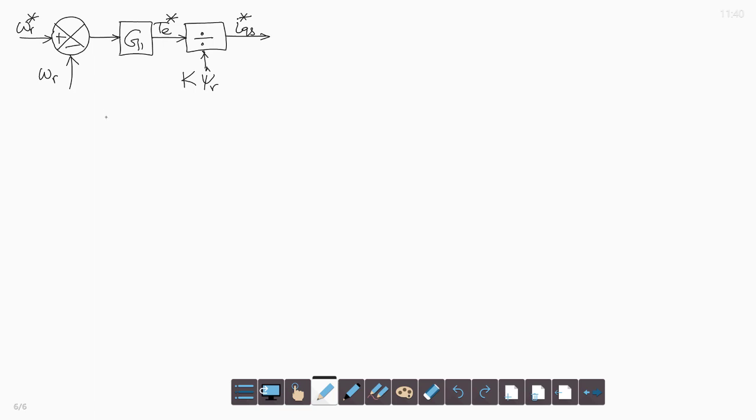Then we have the reference rotor flux psi r hat star. Then we subtract the estimated rotor flux psi r from that, and the error goes through a flux controller G2 and generates IDS star, the flux component of the current reference value.